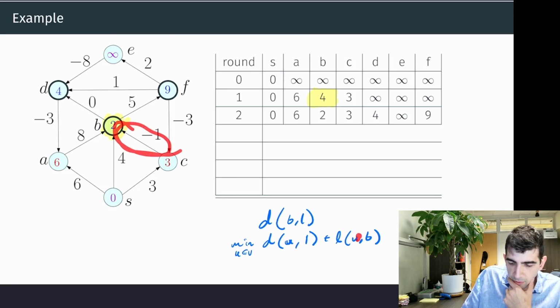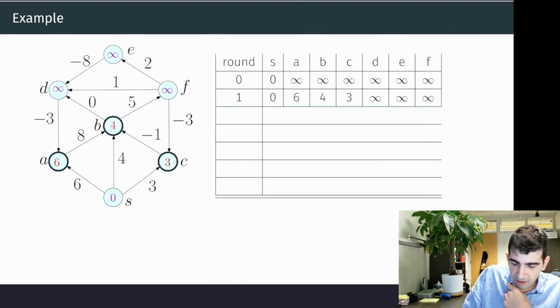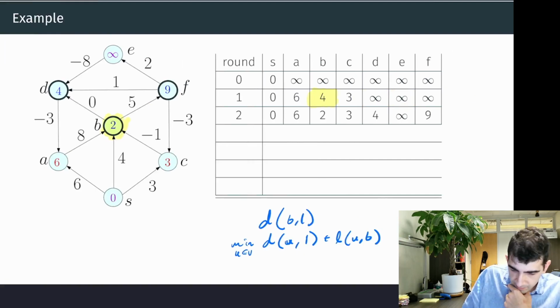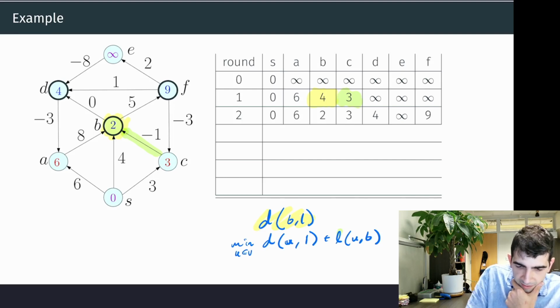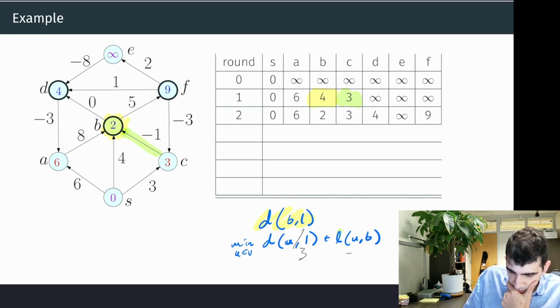If u is equal to C, then we simply take L, which is -1 here, plus d_{k-1}(C). What is C's value? C is 3. Okay? So in this case, we get 3 plus -1, which equals 2. So that's why this value changes to 2.